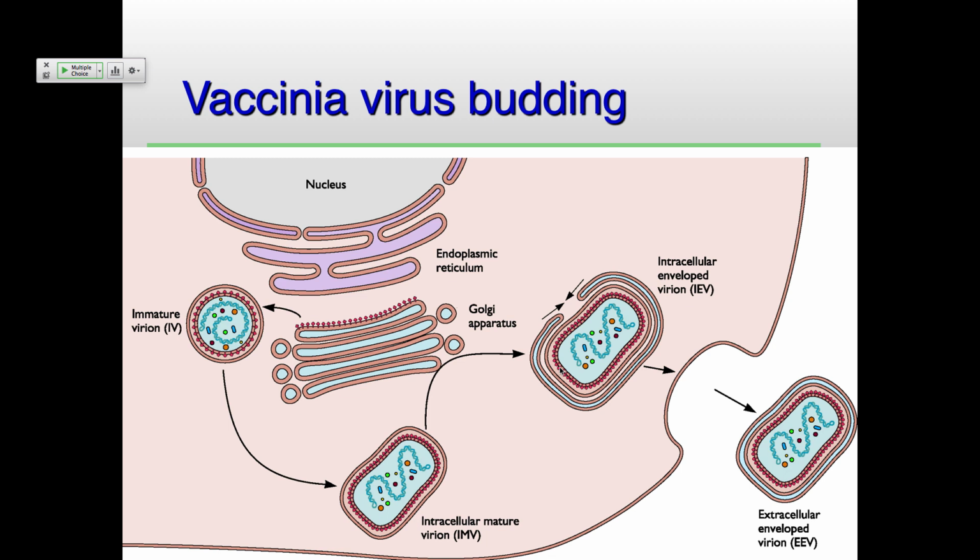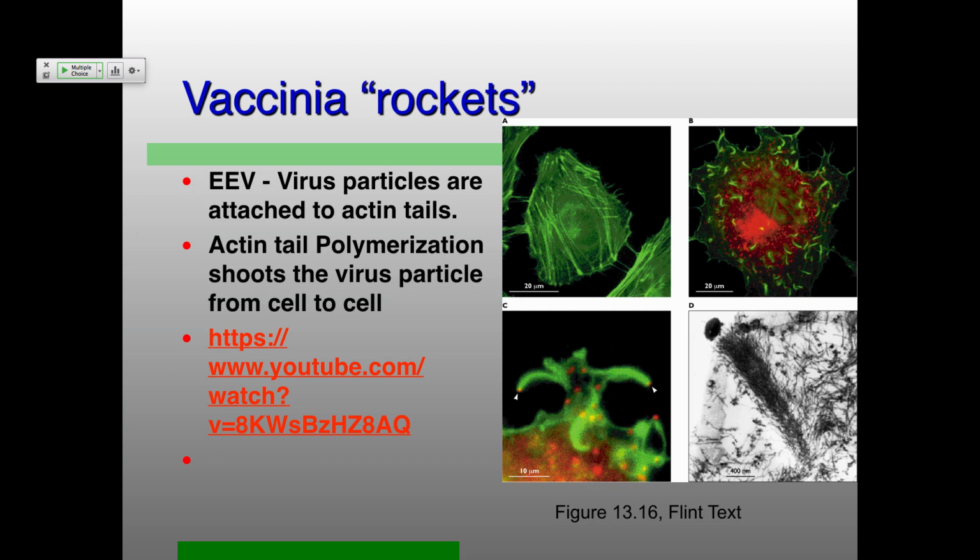So if you have these virus particles with these surface structures, actin filaments will form behind them and literally push these virions out of the cell toward another cell. These are also called rockets. The enveloped extracellular virus, these then are attached to actin tails.